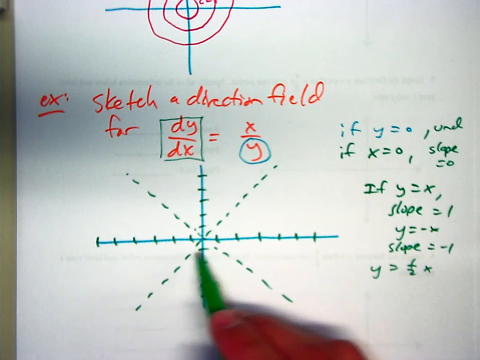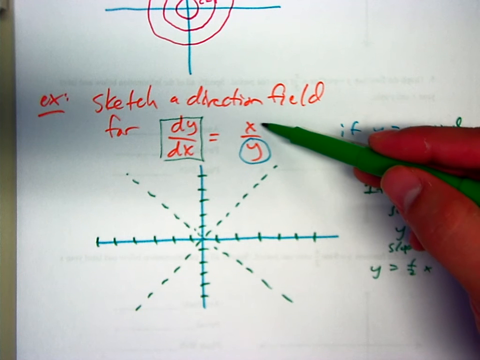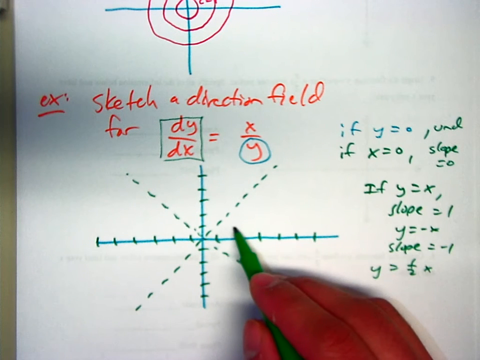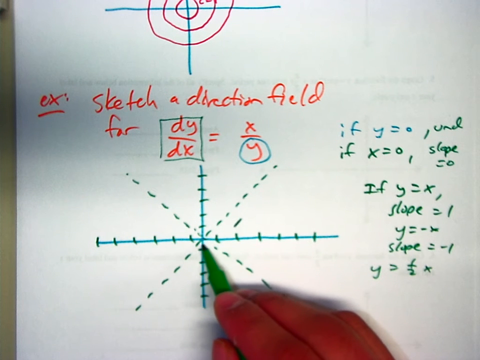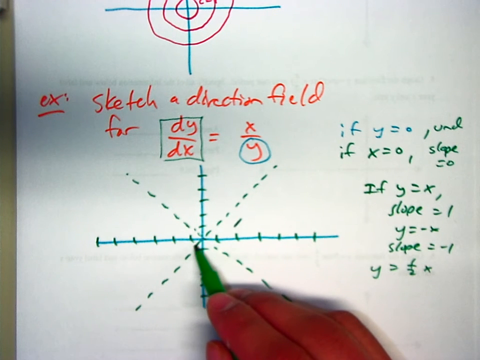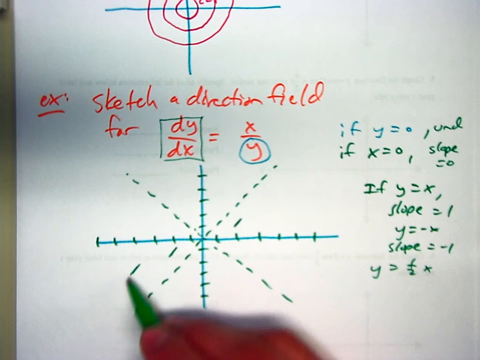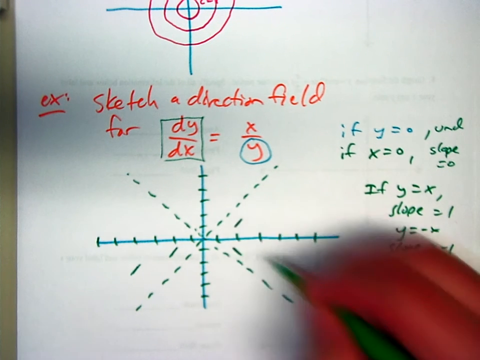So along y equals 1/2 x, the 1/2 x is canceled, slope is 2. Yes, so along y equals 1/2 x, now we have slope of 2. We can go the other way.